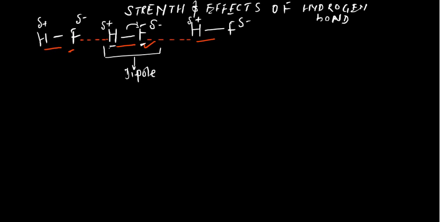So we can say this interaction is a dipole-dipole interaction, or we also call it an electrostatic interaction, because this interaction is between opposite charges, between the dipolar molecules. Now this electrostatic interaction between different dipolar molecules will result in the formation of a hydrogen bond.